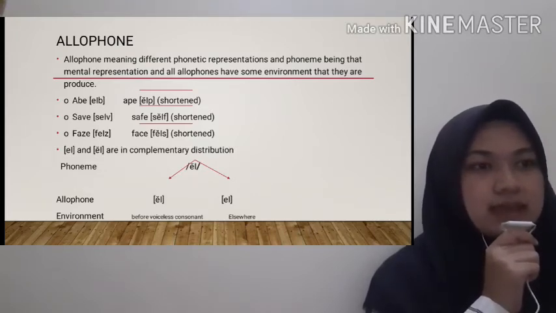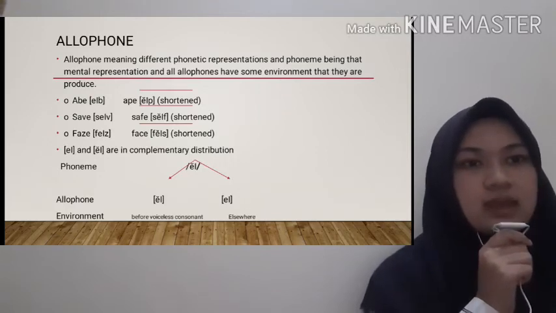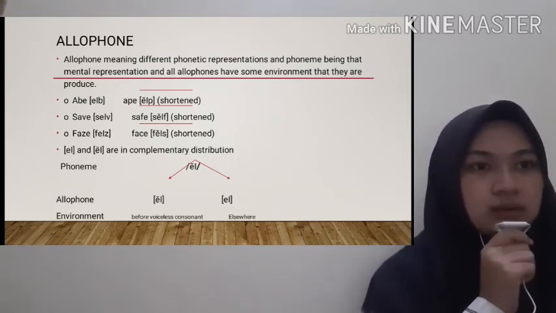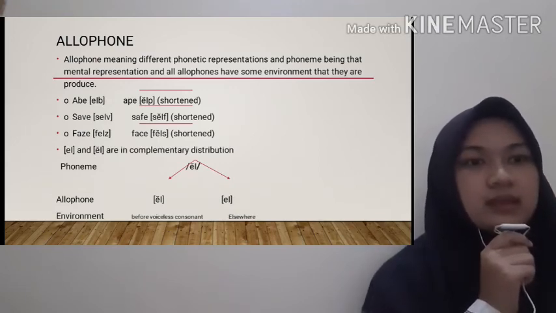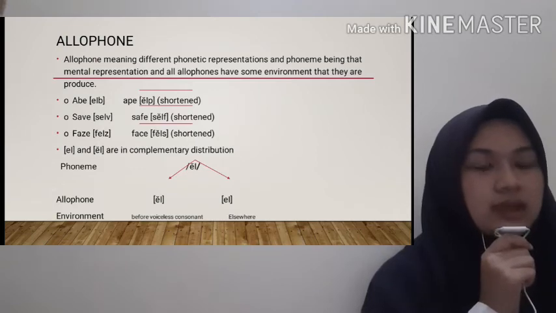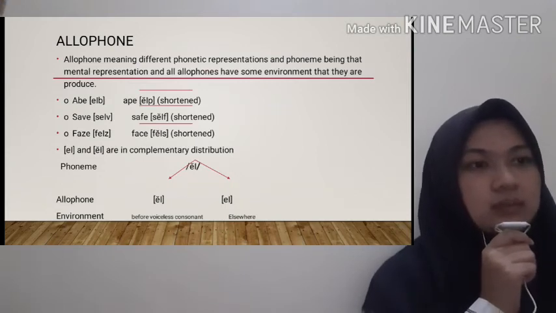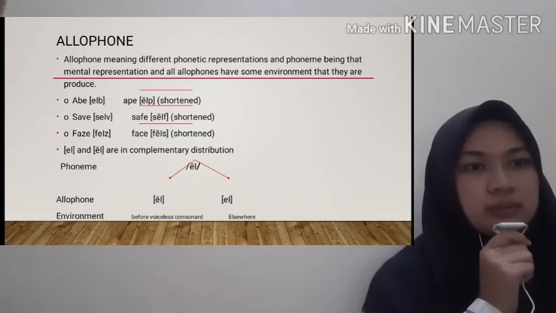We can say the long A is the phoneme because it occurs almost everywhere. The long A and short A are in complementary distribution. The short A occurs before the voiceless consonant, and the other one occurs everywhere else. So, this is the difference between phoneme and allophones: a phoneme can have multiple allophones.